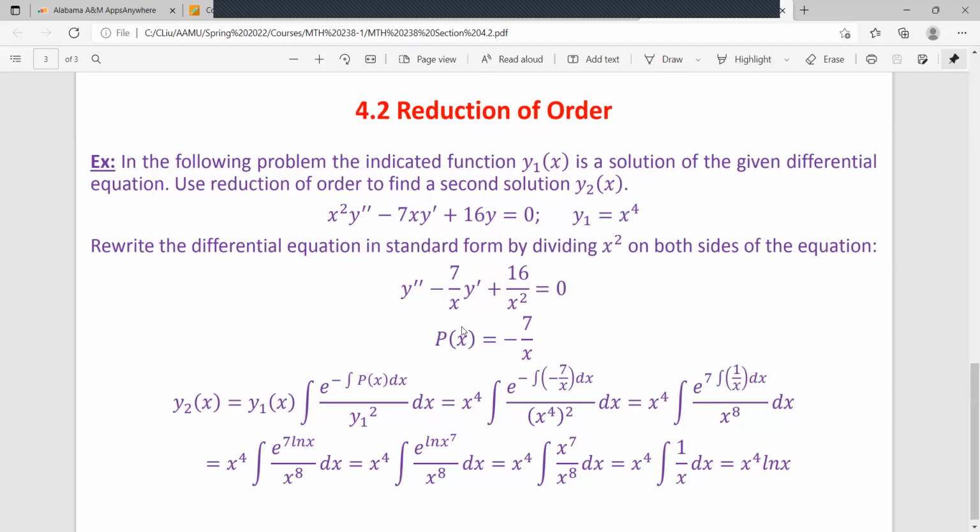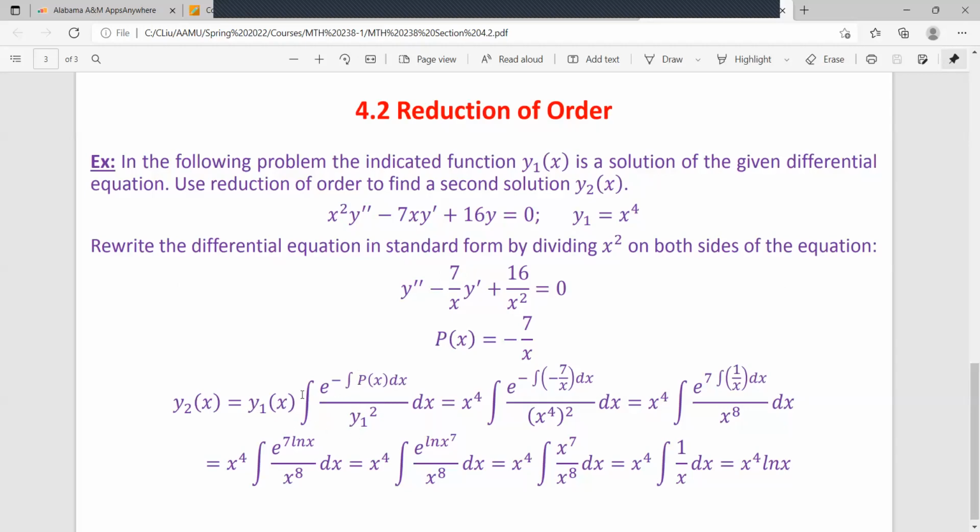And then you can just read off that p is negative 7 over x, the coefficient function for y prime by definition. And the formula for y2 is just y1 times the integral of e to the negative integral p over y1 squared.